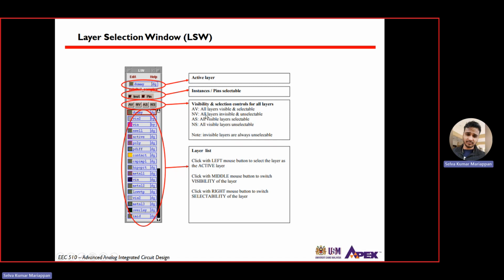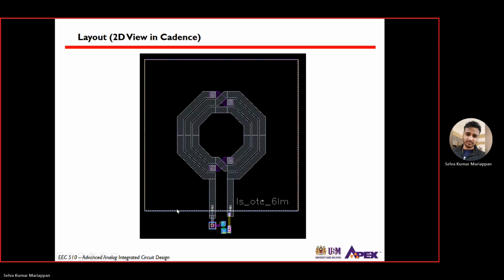NV means all layers are invisible, so you can see only the layers that you want to see. AS is all visible layers selectable, and NS is all visible layers unselectable. These are the options that you have. We have instances, pin selectable, an active layer, which is the layer you are using, and these are the layer list. So this is the 2D view in Cadence.